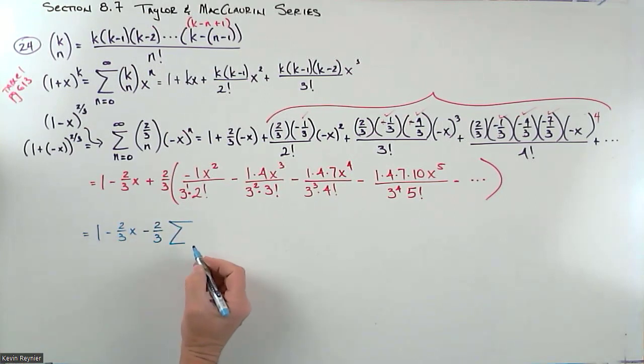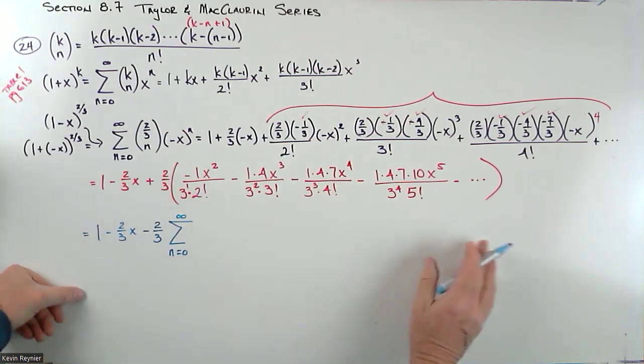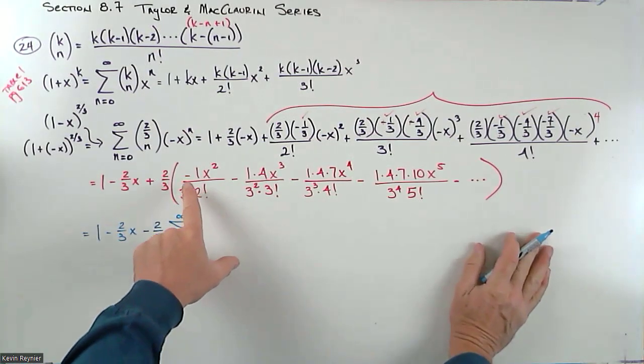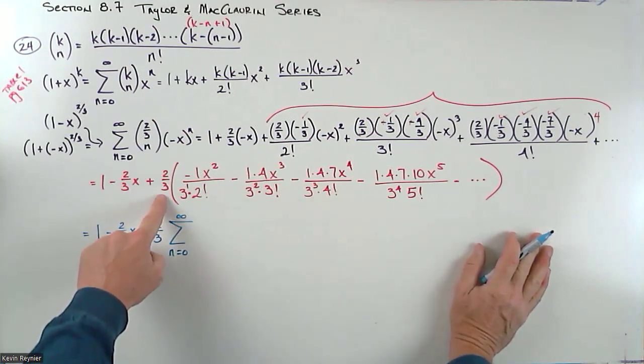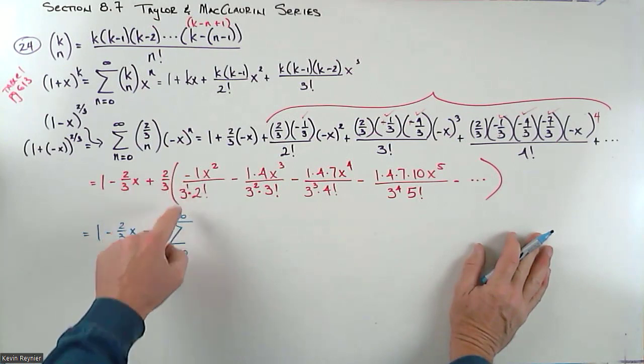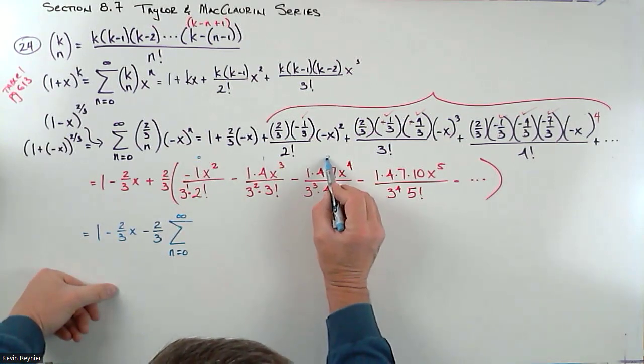Sigma, n equals 0 to infinity. And now we just got to make this work, right? The negative's gone. We've got that out front. The 2/3 is out front. This is 3 to the 1st. Now remember, this is when we plug in 0. This is when we plug in 1. This is when we plug in 2.